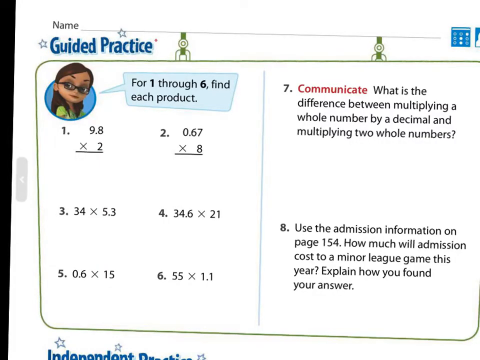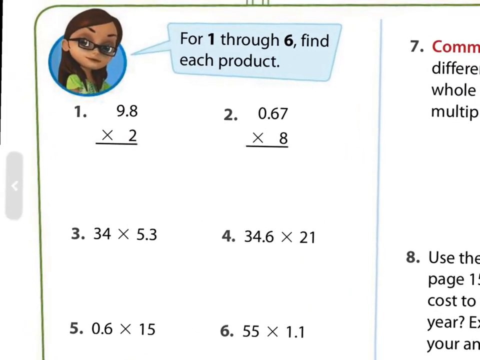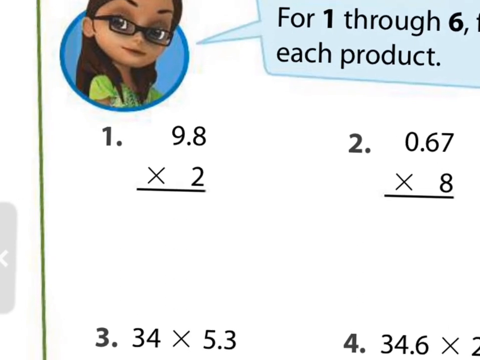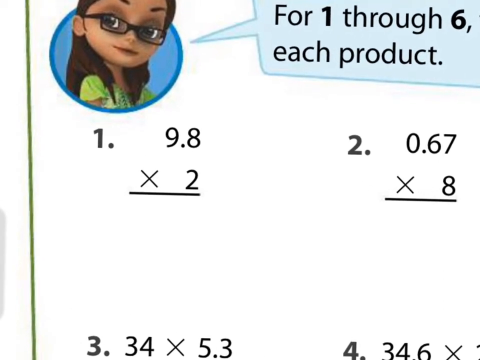Okay, so now get your guided practice. It's page 155, and we will do the guided practice together. So let's look at this first one right here. 9 and 8/10 times 2. So that's 2 groups of 9 and 8/10.